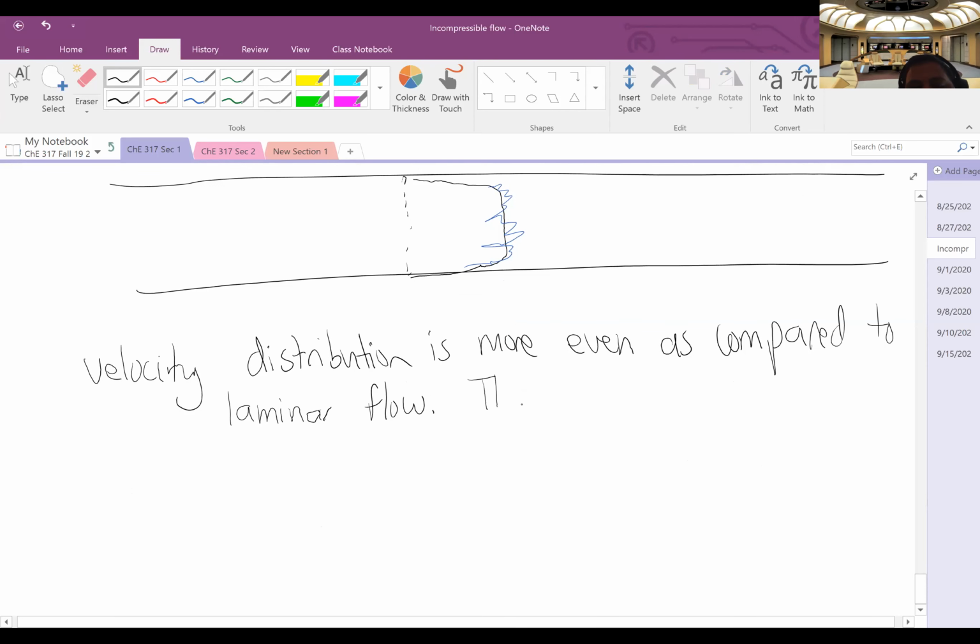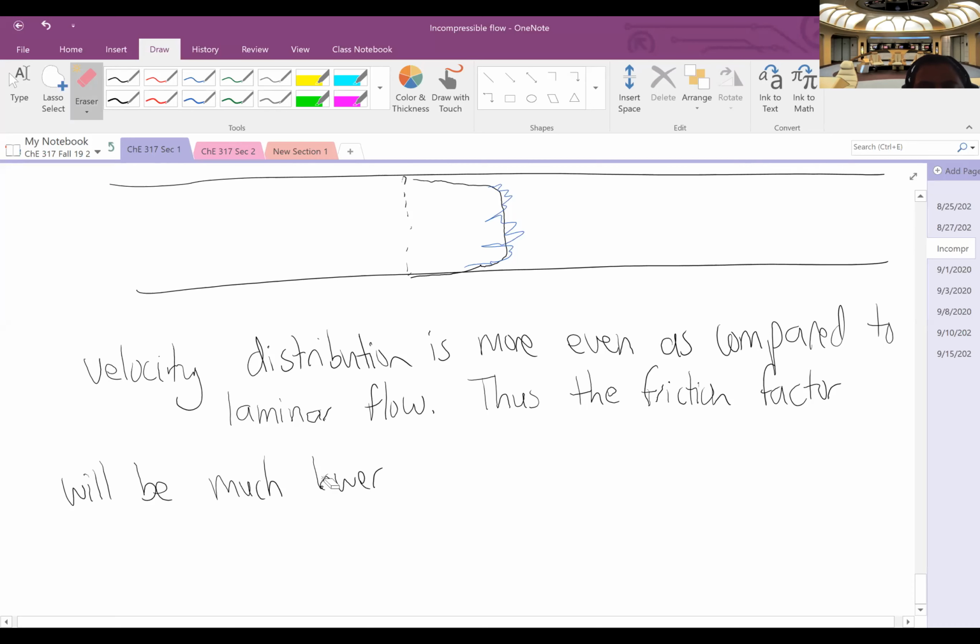Thus, the friction factor will be much lower in turbulent flow.